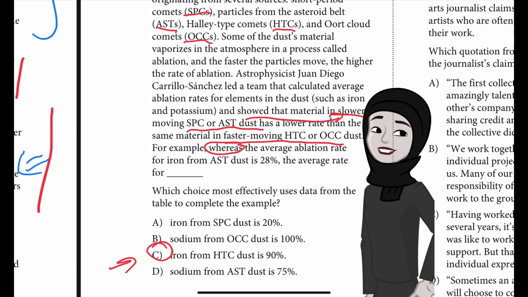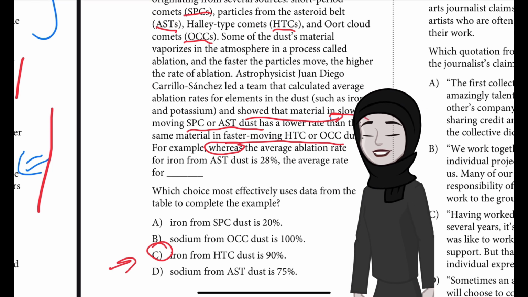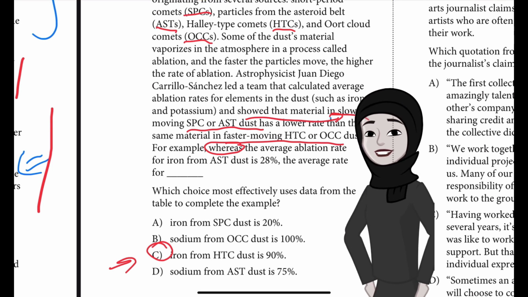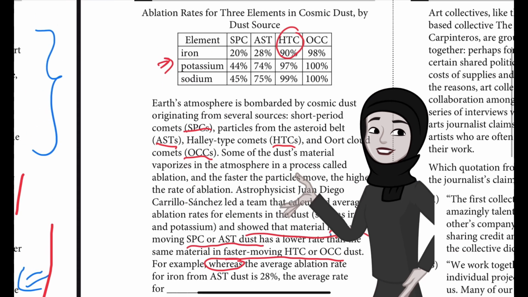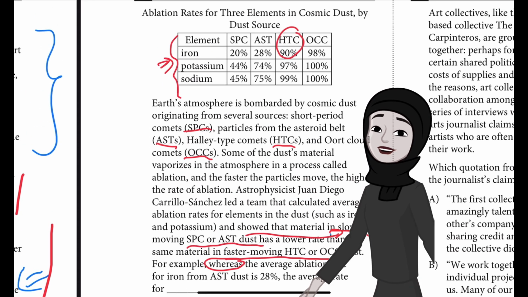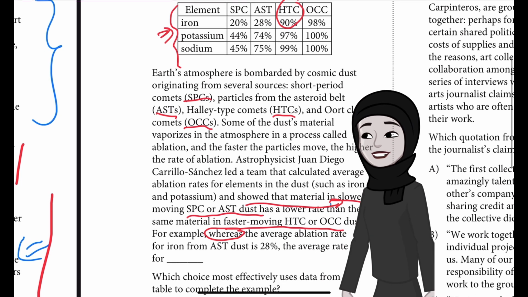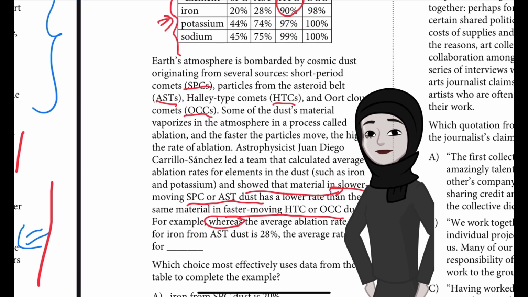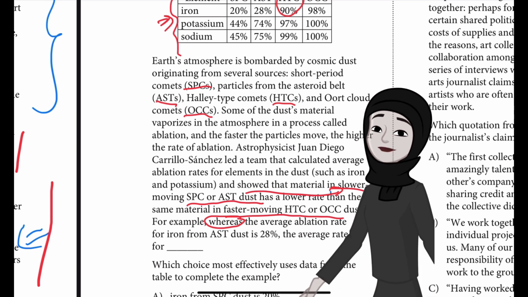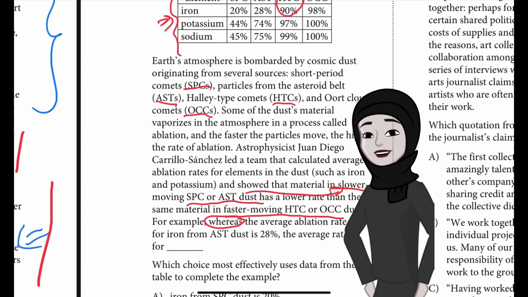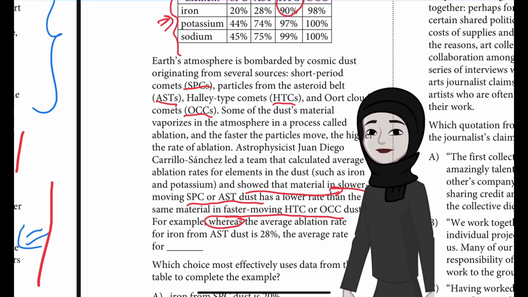That's what it says. The table shows the ablation rates for 3 elements, iron, potassium and sodium, found in cosmic dust that comes from one of 4 sources. And then the text says that the ablation rate for a given element in slower moving SPC or AST dust was lower than the ablation rate for that same element in faster moving HTC or OCC dust. So what is ablation?